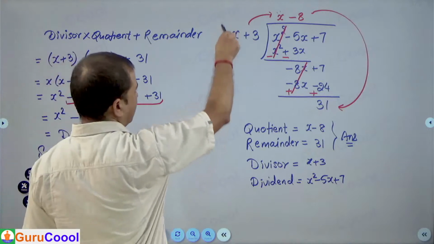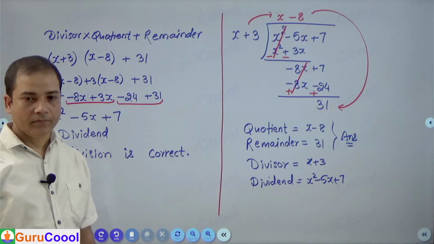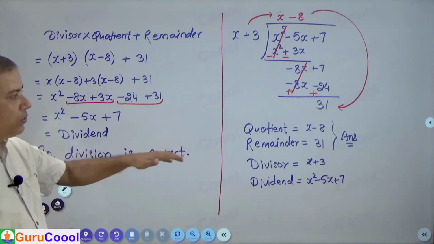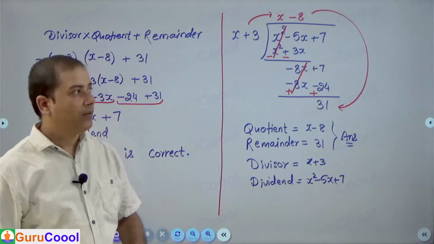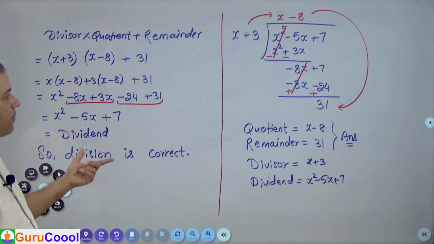Any cross question? Any confusion? No, sir. So whenever you do the long division for polynomials and you are not sure if you did it correctly or incorrectly, you can cross check by this method.